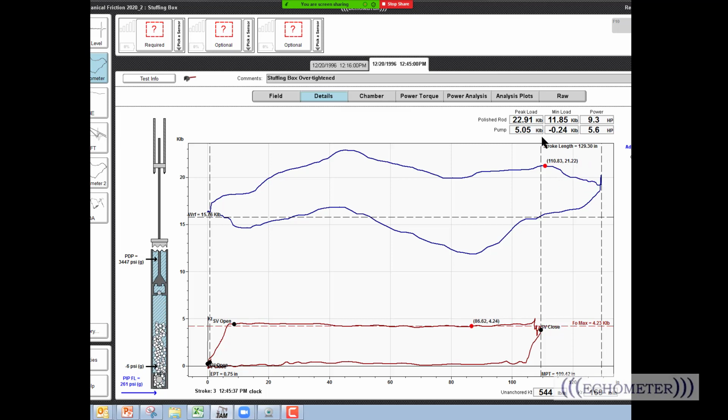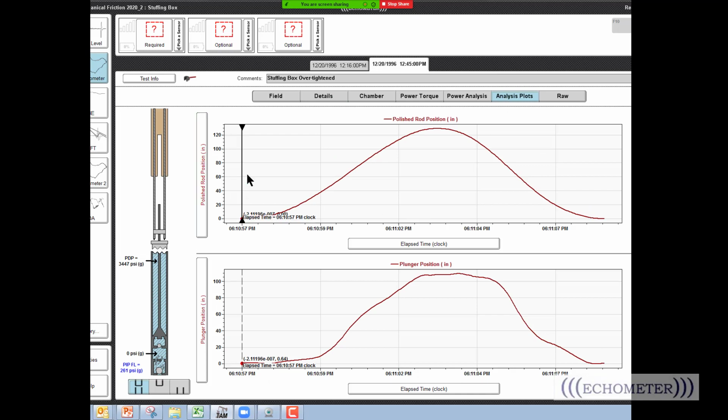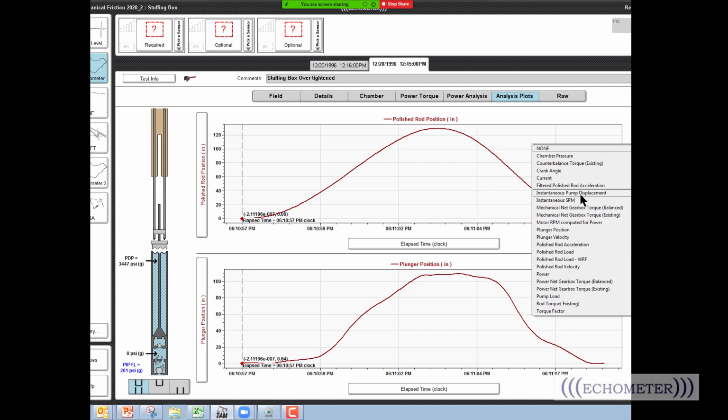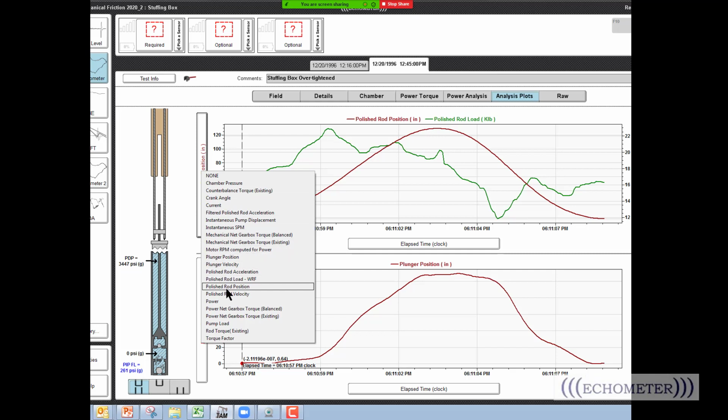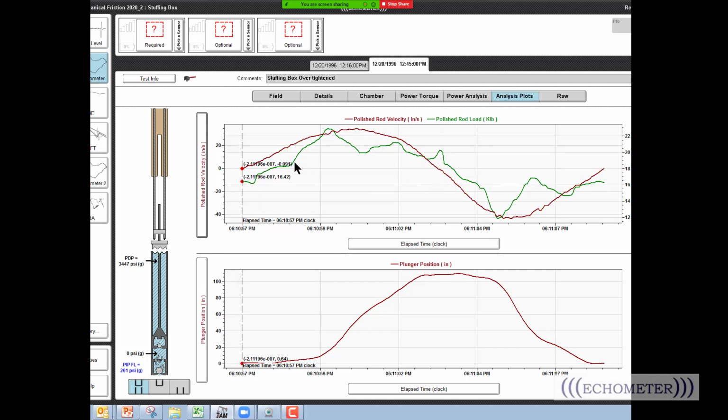So if we go to the analysis plot, here is the position of the polish rod in red, and if we put the polish rod load there, there's no vertical line right there. But this becomes a vertical line if I plot the polish rod velocity here.